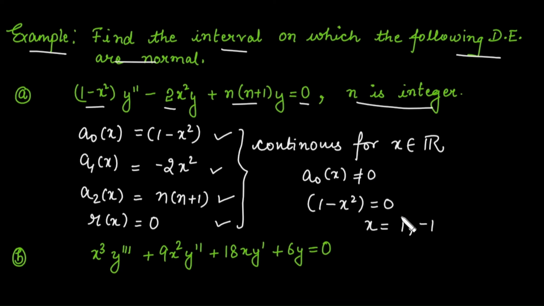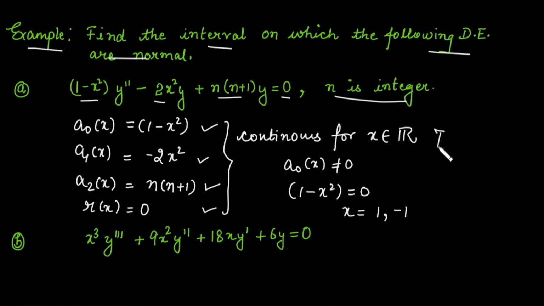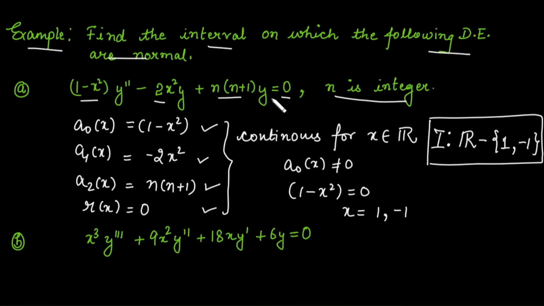Therefore, we will remove this set of values from the set of real numbers. So we are getting an interval on which this differential equation is normal, that is the set of all real numbers except 1 and minus 1. So on this interval, the given differential equation is normal.